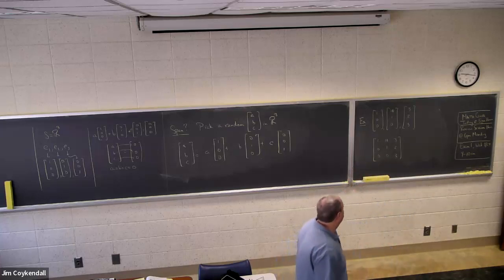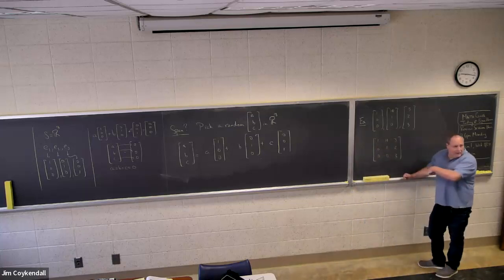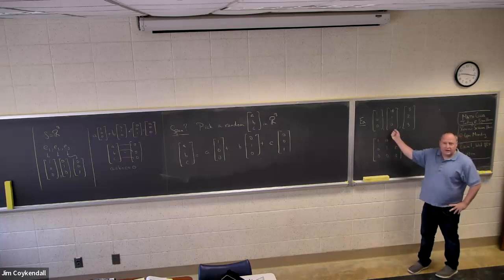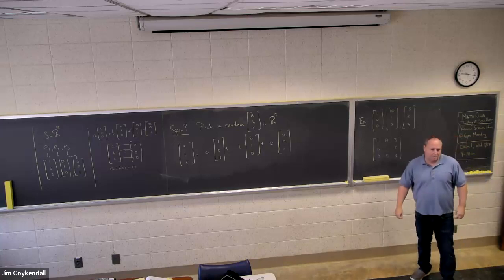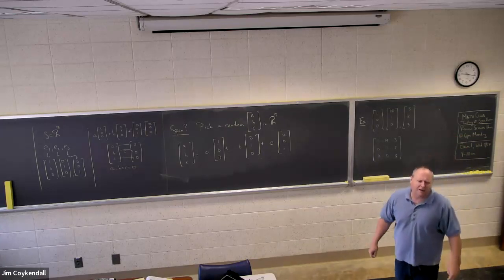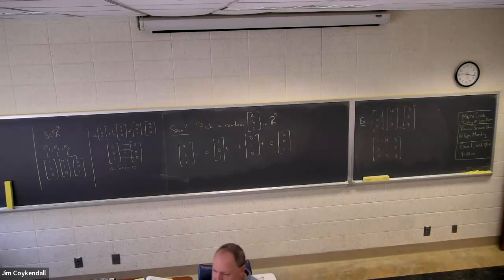I had 3 pivot columns, right? So that means that this set is linearly independent. Okay, check. First check. Second question: do these 3 vectors span all of R3?